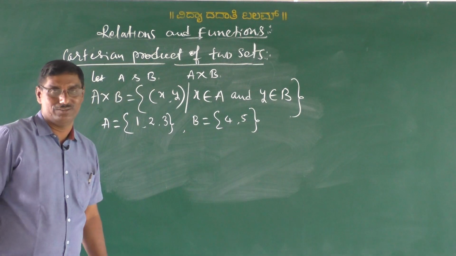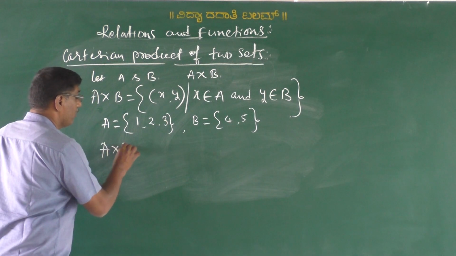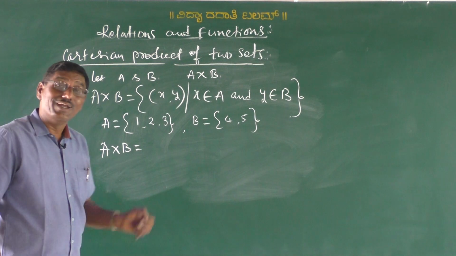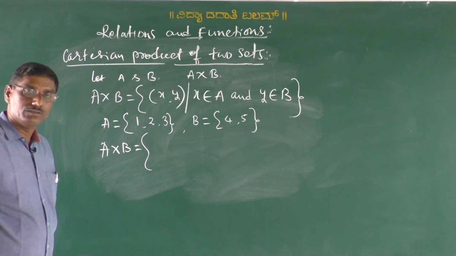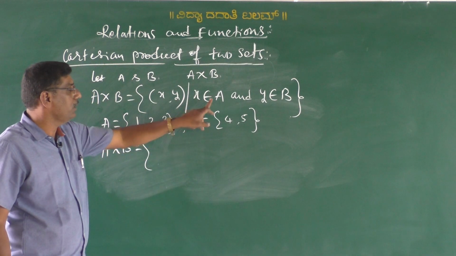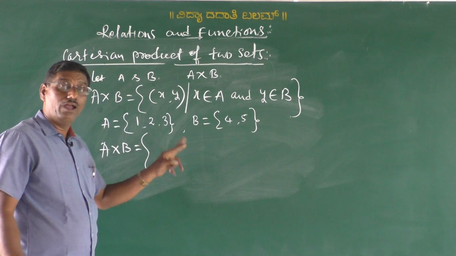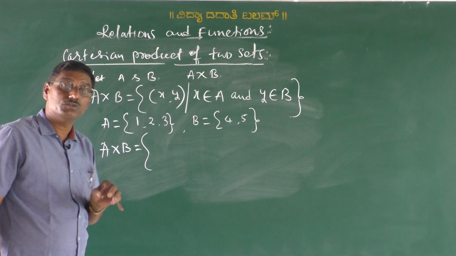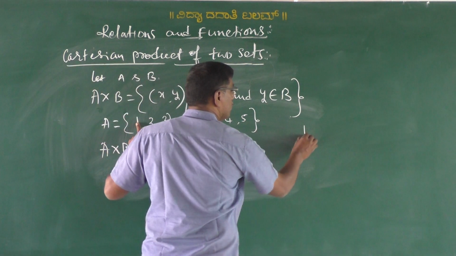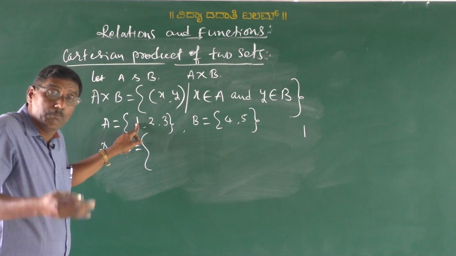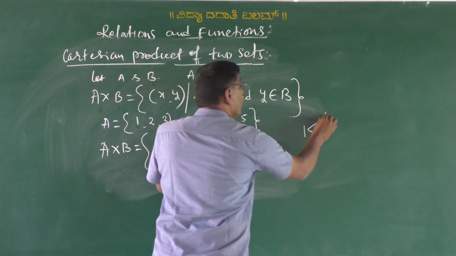Now I am going to write the Cartesian product of these two sets, denoted as A cross B, defined as the set of all ordered pairs such that the first element of an ordered pair must belong to the first set A and the second element must belong to set B. That means here 1 must pair with the second set elements, that is 4 and 5.